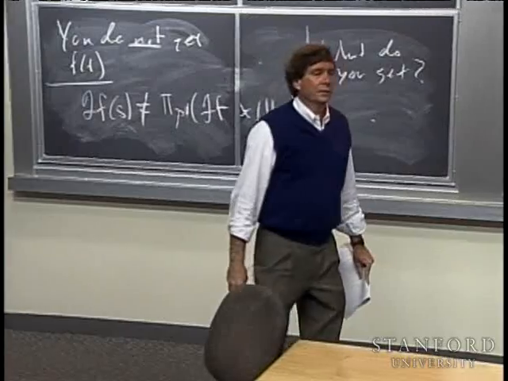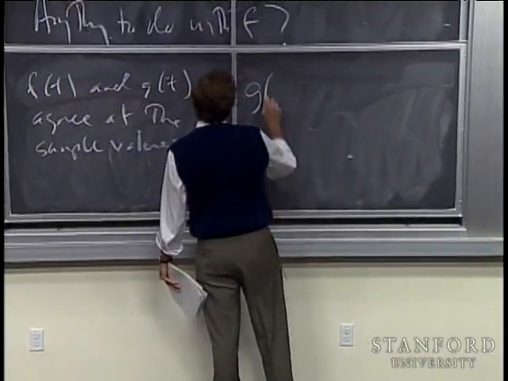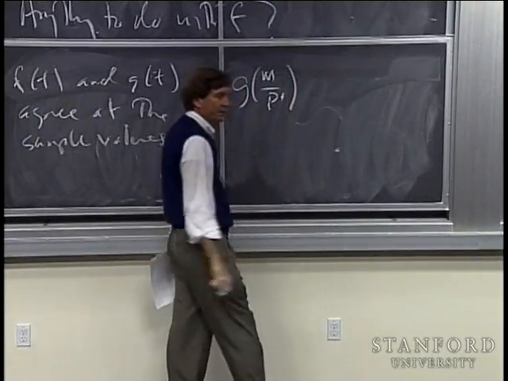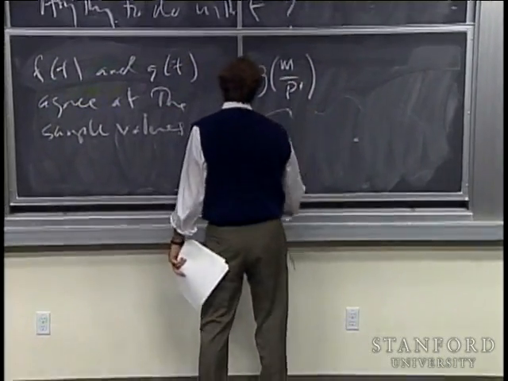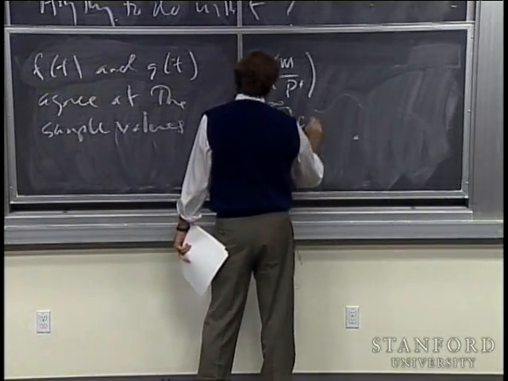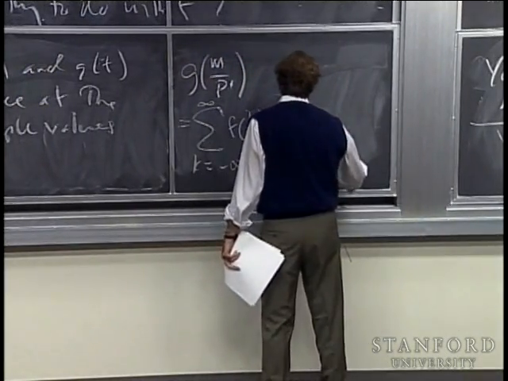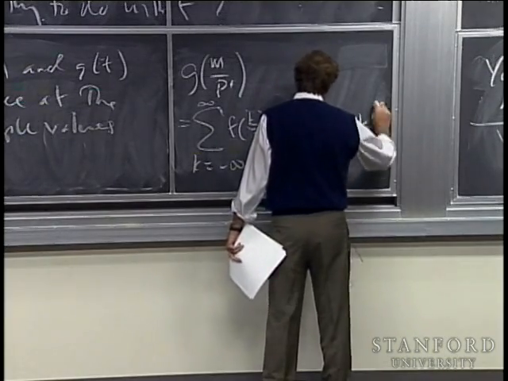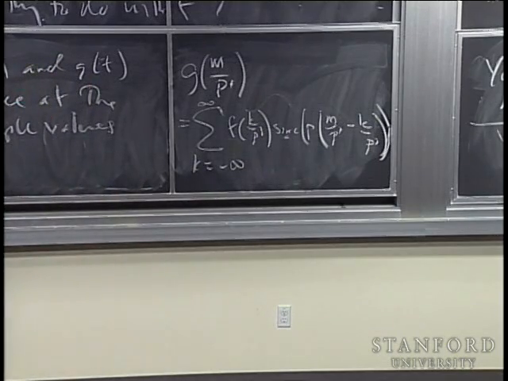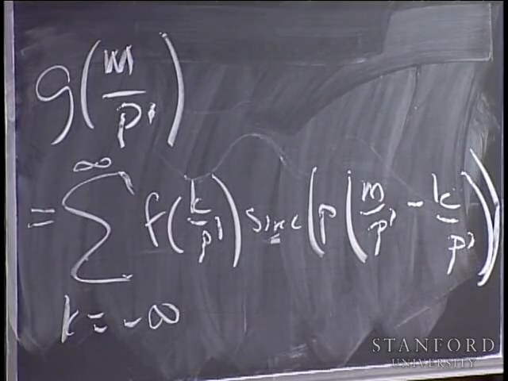Why? Because let's take g of m over p prime, a sample value for some value of m. That's the sum, k going from minus infinity to infinity, f of k over p prime, sinc of p prime times m over p prime minus k over p prime. Now look at what's happening in the sinc function there.